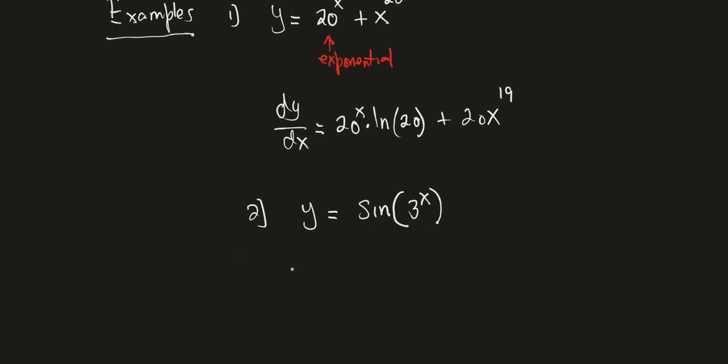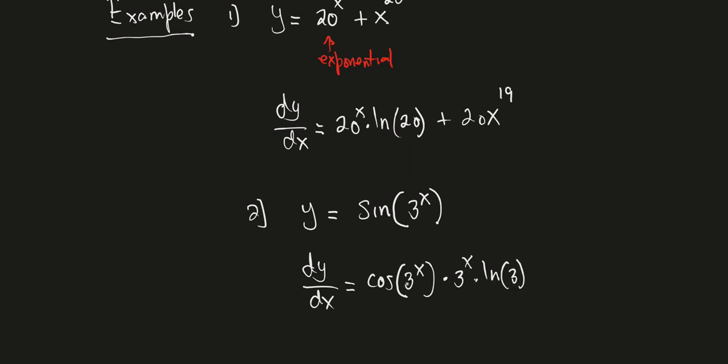So using our chain rule, we'll have dy dx. And we start by taking the derivative of the outer function. The derivative of the sine function is cosine. And we keep the inner function, so that's 3 to the x. And then we have to multiply by the derivative of 3 to the x. The rule that we just derived allows us to write down that the derivative of 3 to the x is 3 to the x times the natural log of 3.